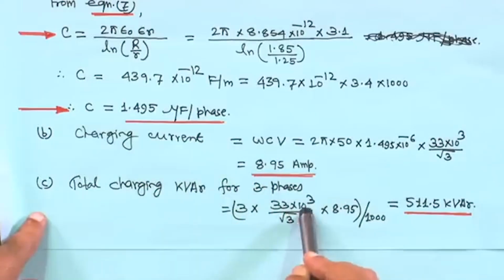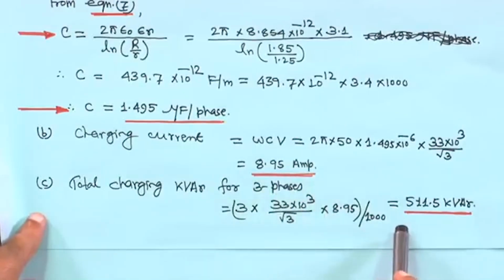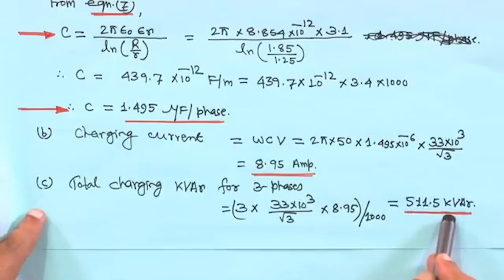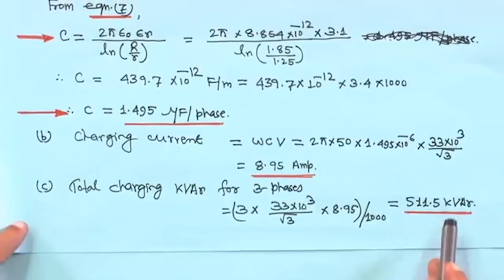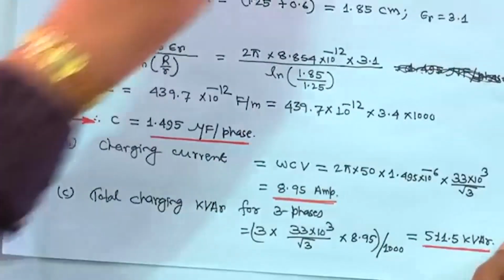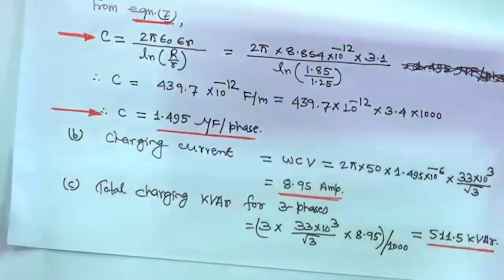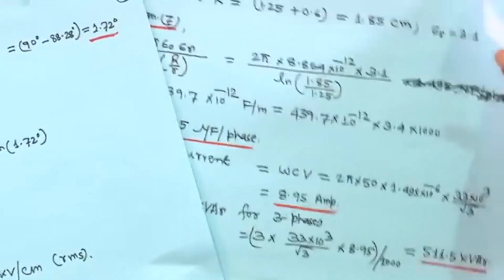So, 33 by root 3, in volt, because 33 kV into 1000, that is 10 to the power 3 by root 3, into 8.95. So, it comes to about 511.5 kilovar, that is the total charging var, quite high, not low. 511 kilovar means it is 0.5 megavar.